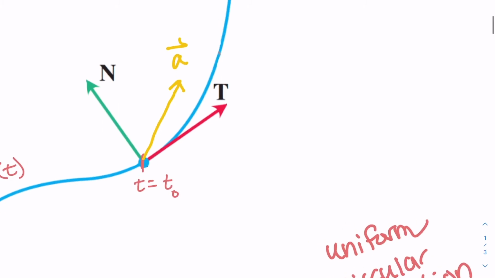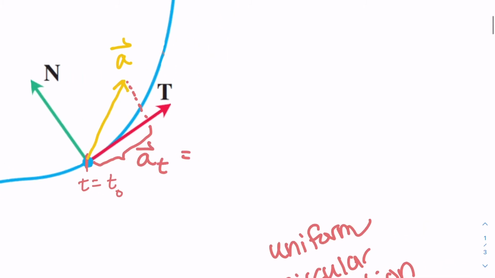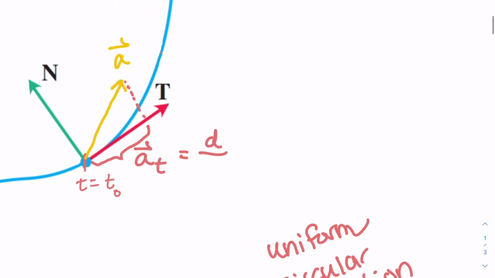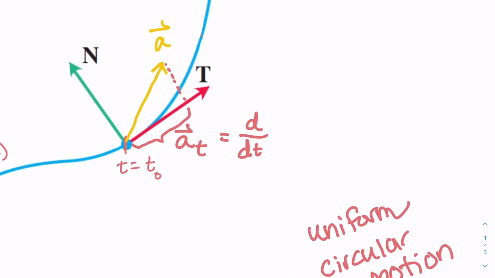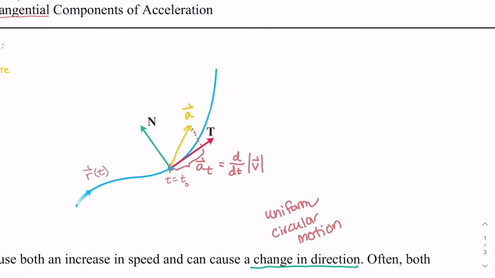So that would be this component of acceleration. That's what we call A sub t. And in that case, it's equal to the first derivative of speed. So that's that component of acceleration.